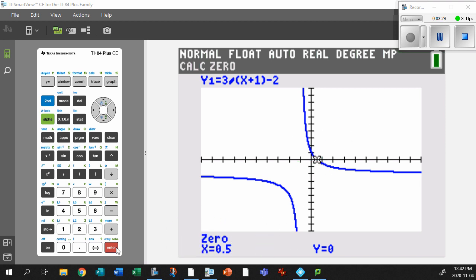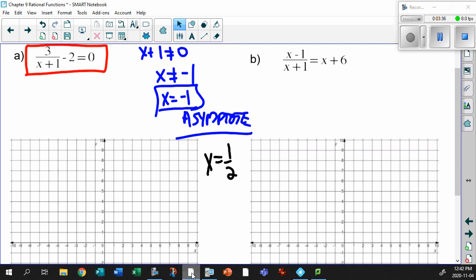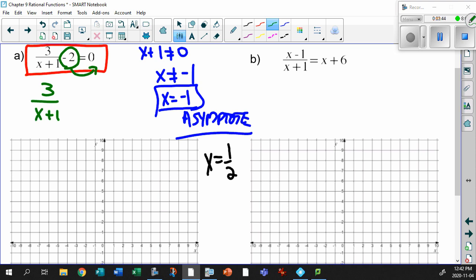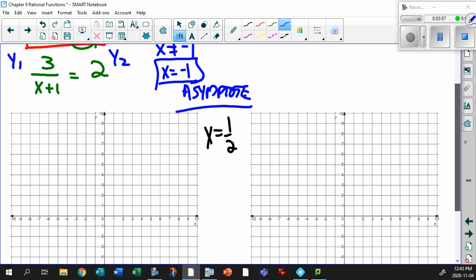So you can actually, at this point, graph it if you want to. I want to show you one other alternate way of graphing this. Don't forget, you can take this, bring this -2 over like we did when we solved it, had 3 over x plus 1 equaling 2, and the neat thing is you can do your y1, y2 scenario. How do we do this? Well, graphing it is really simple because of a couple things we have to remember.